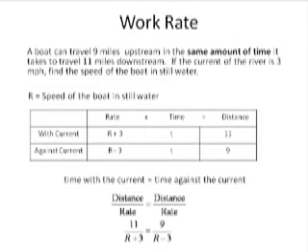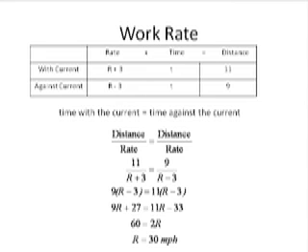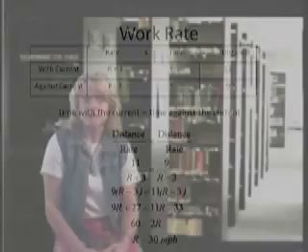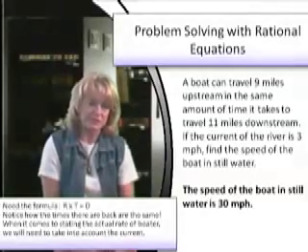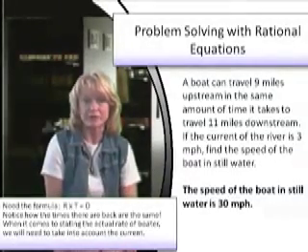Now at the bottom of the slide, we replace time with distance over rate. Pulling the distances and the rates from the table, we now have an equation that will allow us to solve for r. We can cross multiply to solve. So after cross multiplying and solving, we get the rate of the boater as he's moving through still water. So the boater travels at 30 miles per hour in still water.